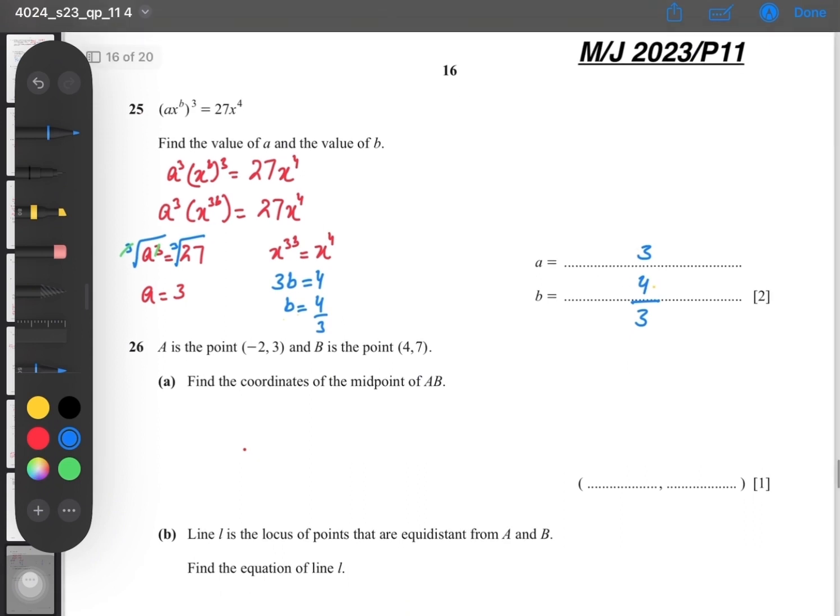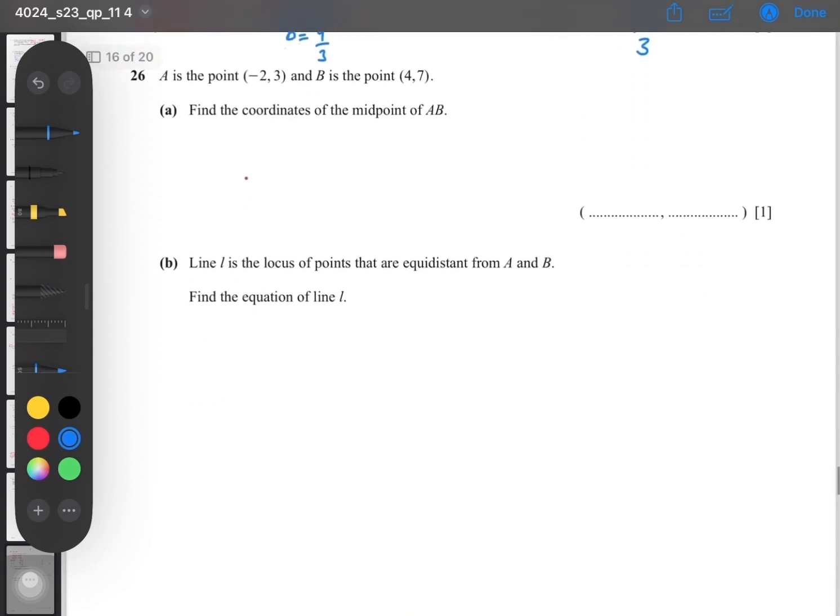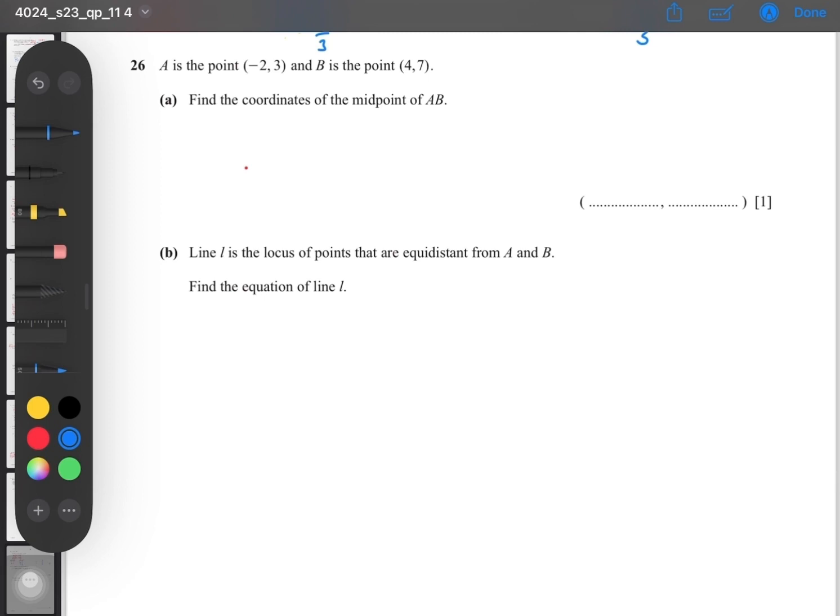Question number 26. A is the point -2 and 3. B is the point 4 and 7. Find the coordinates of the midpoint of AB. For midpoint, we need to add all the corresponding values of x. -2 plus 4 divided by 2 and 3 plus 7 divided by 2.